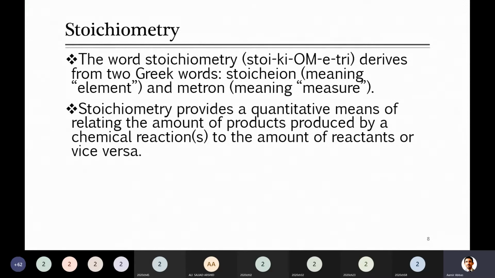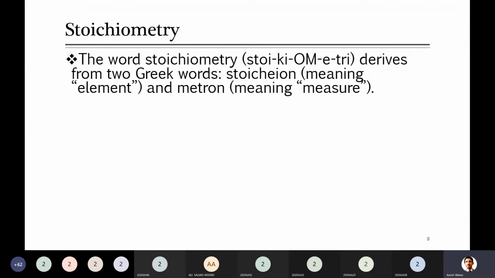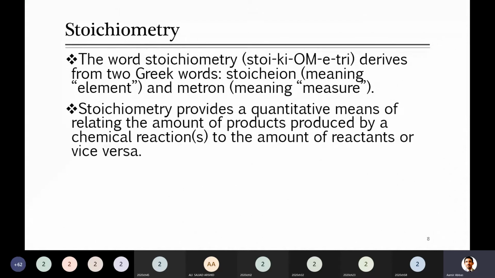So stoichiometry is the study of production or generation and consumption of different elements in different reactions. What does stoichiometry provide? It provides the quantitative means of relating the amount of product produced in a reaction or the amount of reactant consumed. You can also call it vice versa.